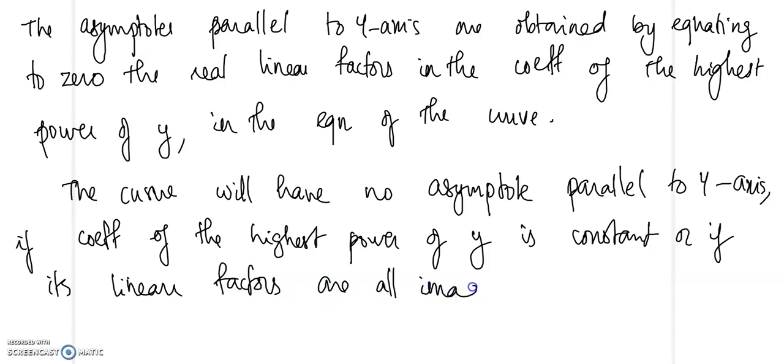So when you solve the equation phi of x equal to 0, if all the factors give you imaginary roots, in that case there will be no asymptotes.